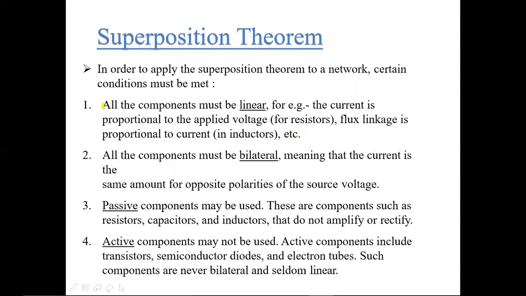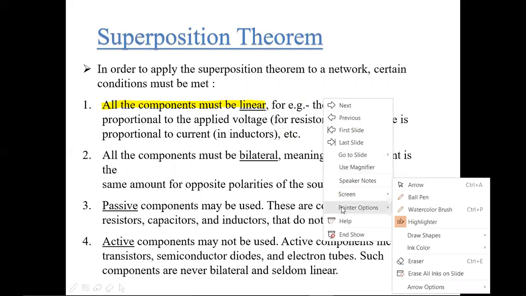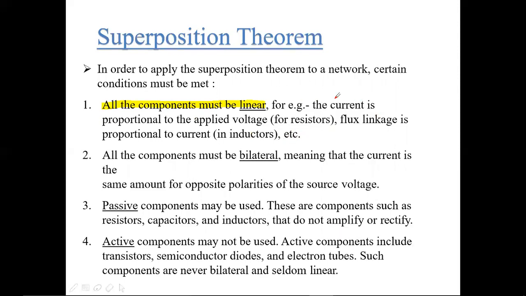What I am stating is all components must be linear. What is the meaning of linear? Here the current is proportional to voltage, meaning I is proportional to voltage. After this conversion, you will get a constant: I equals V by R, meaning R is constant.